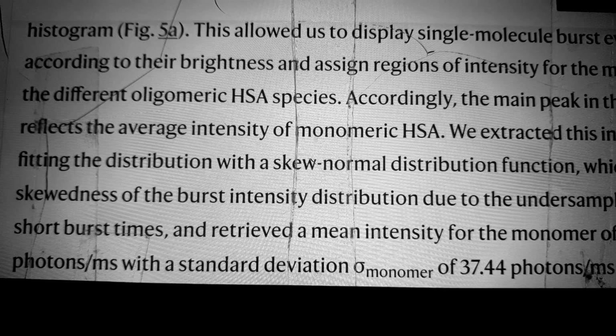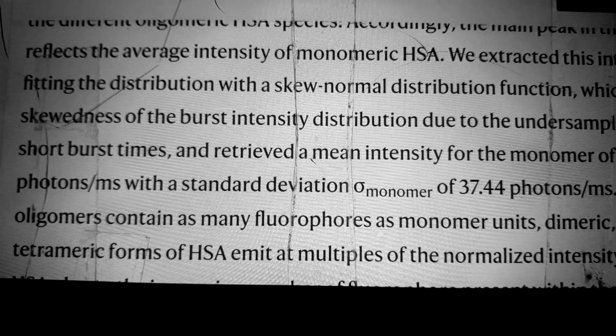Accordingly, the main peak in the histogram reflects the average intensity of monomeric HSA. To extract the intensity, the distribution was fitted with a skew normal distribution function, which reflects the skewedness of the burst intensity distribution due to undersampling effects at short burst times, and a mean intensity for the monomer, I monomer, was retrieved.